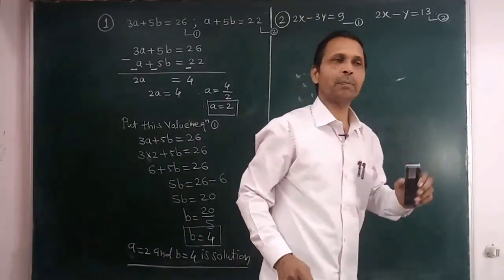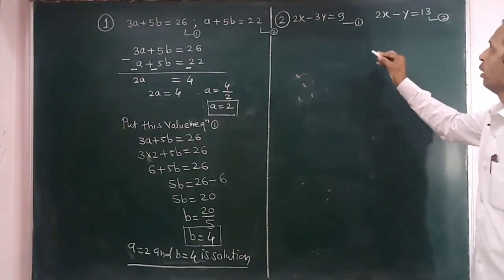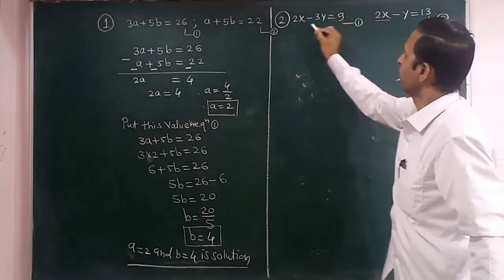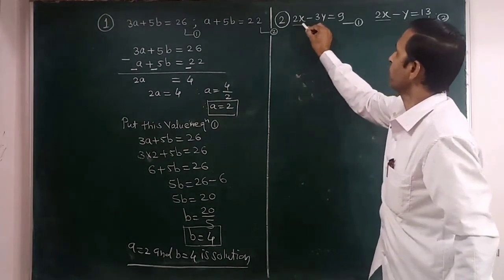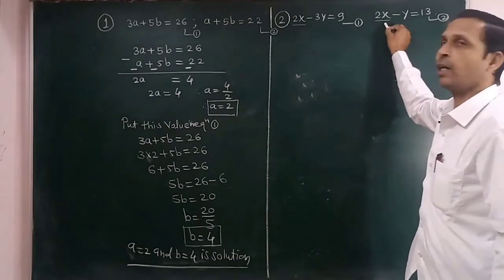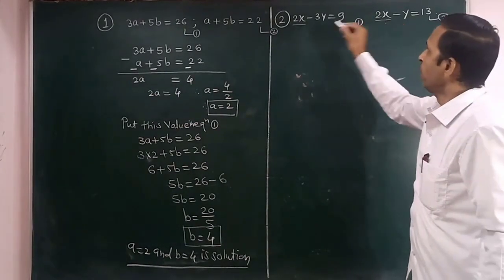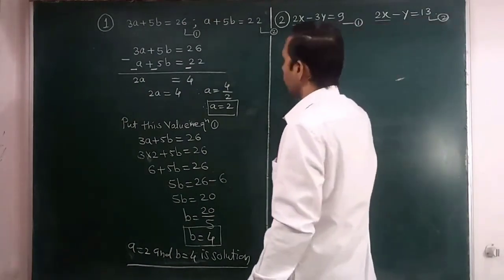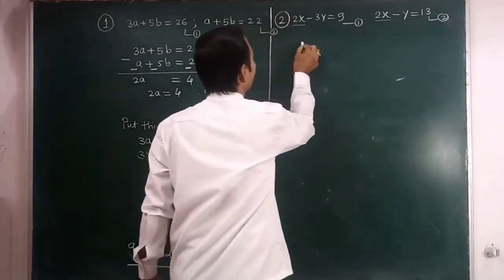In the second example, the coefficient of x is again the same, and that's why these two terms are again the same. Then we eliminate x here. Write the equations one after another.